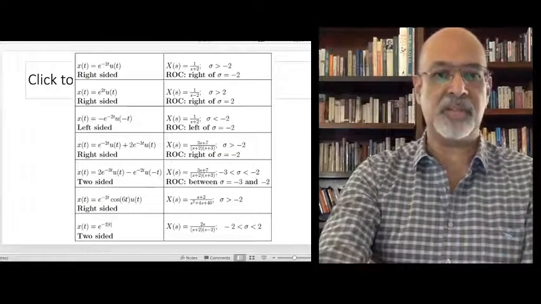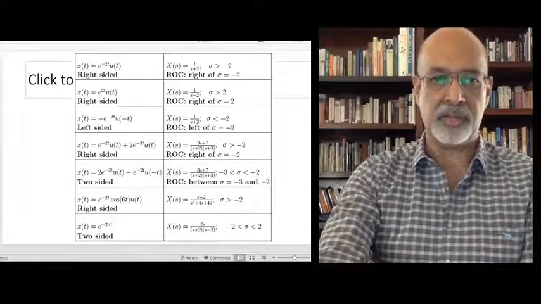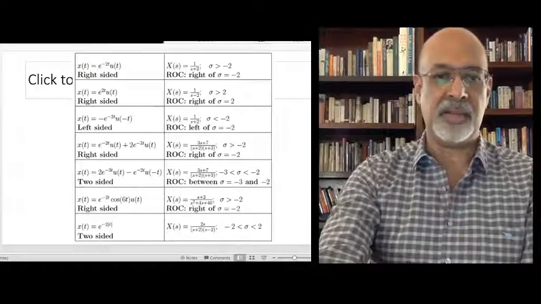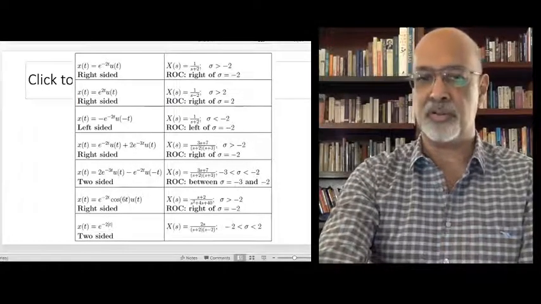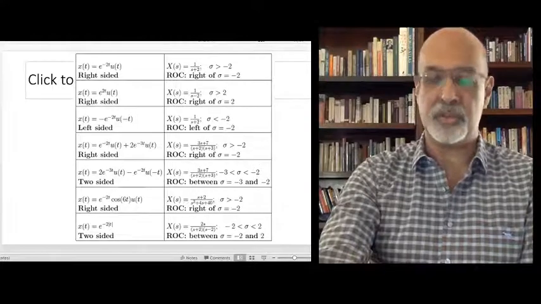When we take the intersection of those two regions, we get the region between minus 3 and minus 2. And then again, the right-sided function will have an ROC to the right, and a two-sided function will have an ROC between two values.